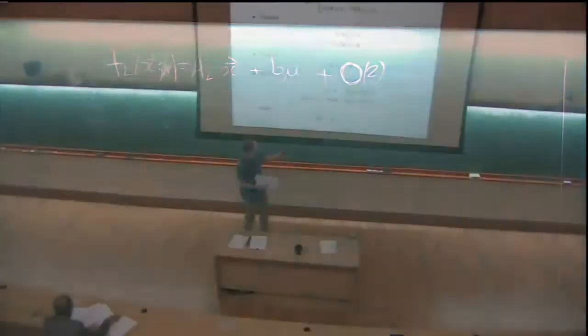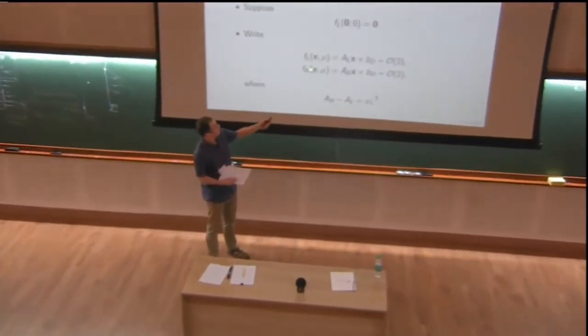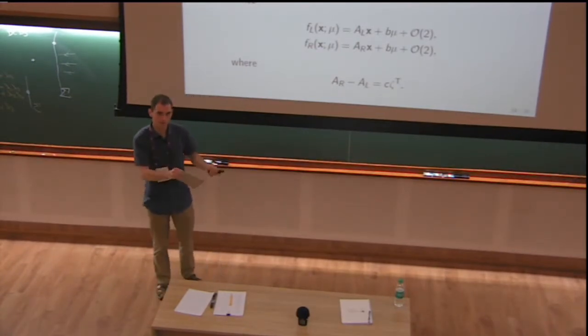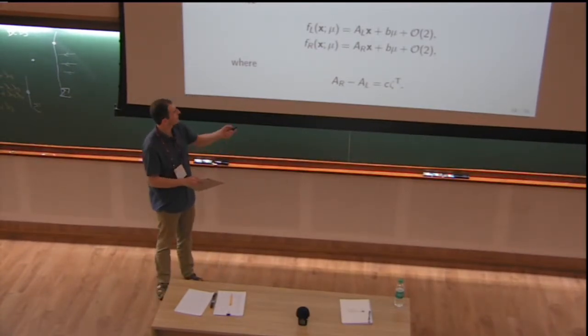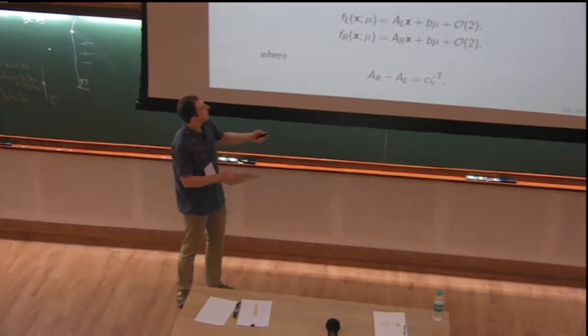So that's all the same, but now we get something different for FR. Previously, we had no assumptions. It was a discontinuous system, so FR was just some vector, little c.